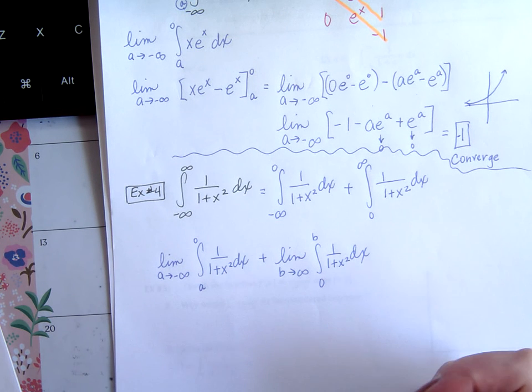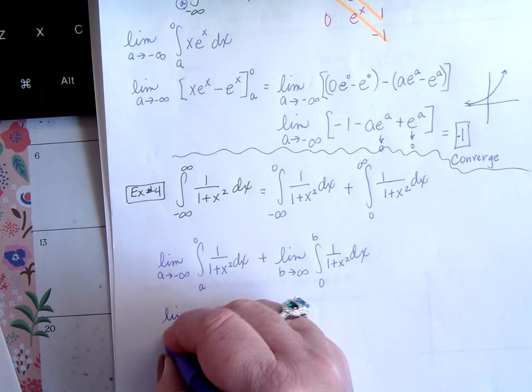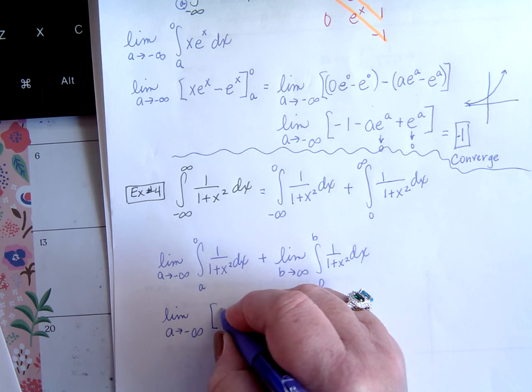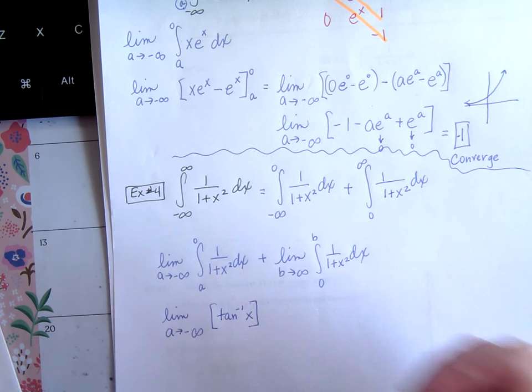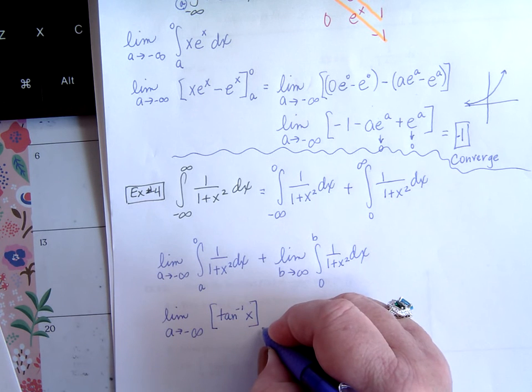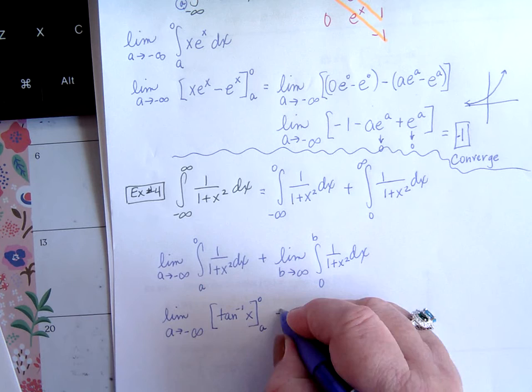This is going to be like taking the limit as a approaches negative infinity, but my integral is tangent to the negative 1 of x, and that one's going from a to 0. And lucky for us, it's exactly the same for the second part.